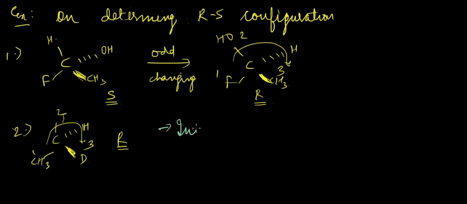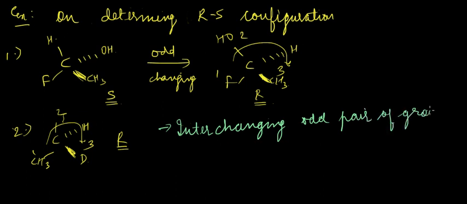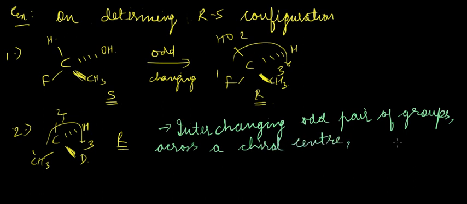So on interchanging an odd pair of groups across a chiral center, its RS configuration reverses.